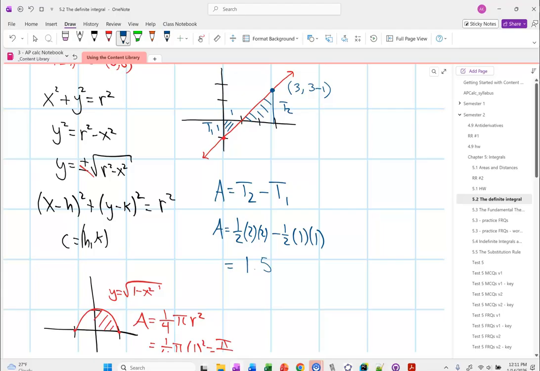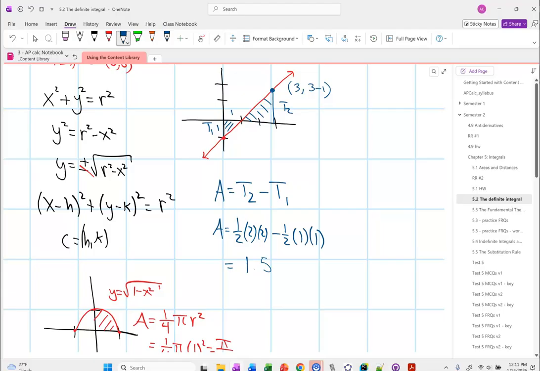This is a valid way of computing an integral. If the function is simple enough, you can do it geometrically. Do you think oftentimes the function you're going to be given is simple enough that you can do it geometrically? In what other presentation would it be appropriate to resort to geometry?